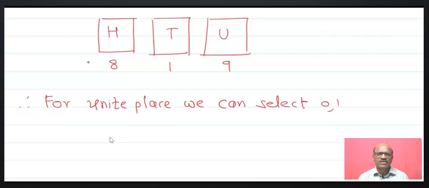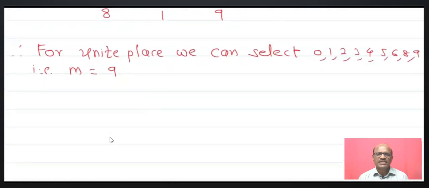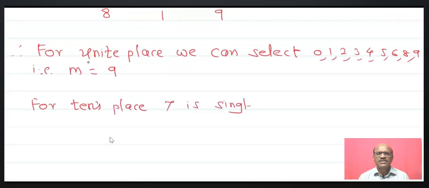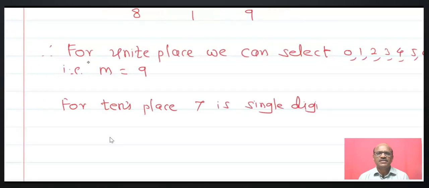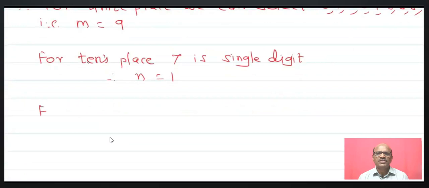For unit place, we can select 0 1 2 3 4 5 6 8 9, that is m is equal to 9. For 10th place, 7 is a single digit, n is equal to 1.